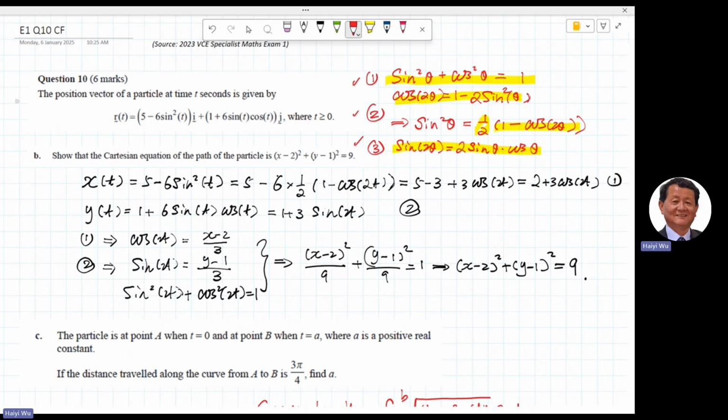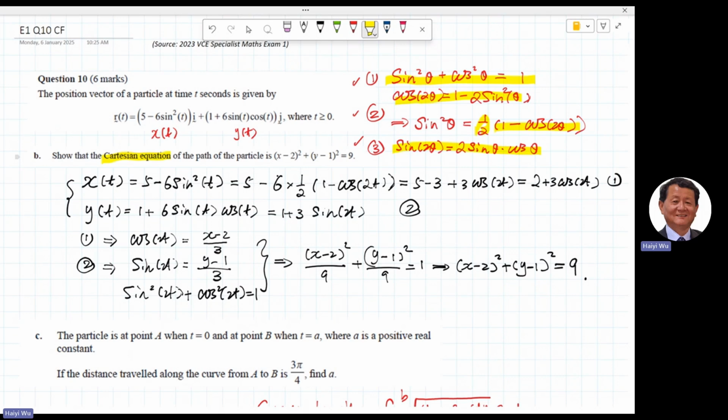Okay, so let's do question A. First, we need to convert this position vector into parametric form. This is the x(t), and this is the y component. We're going to rewrite it as a parametric function and convert it to a Cartesian equation.